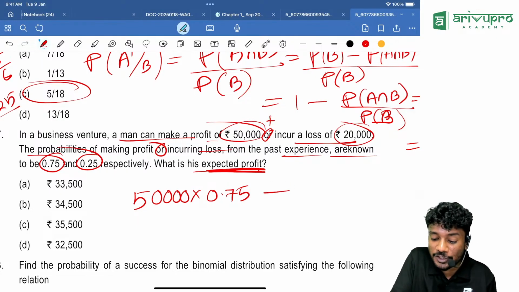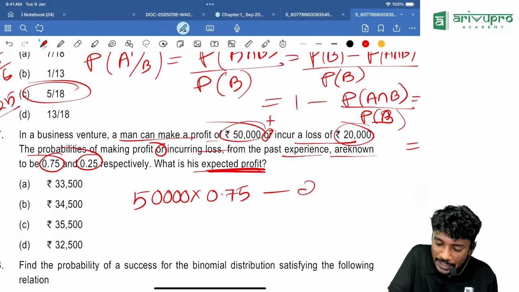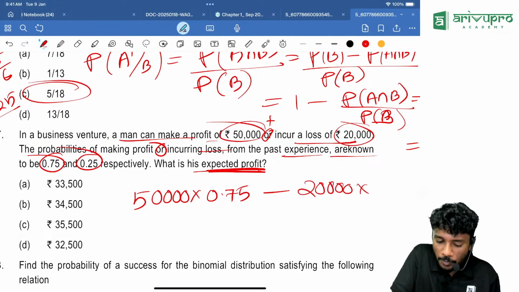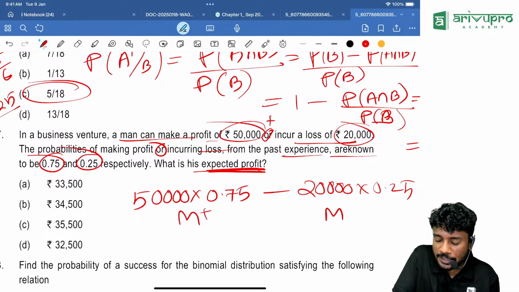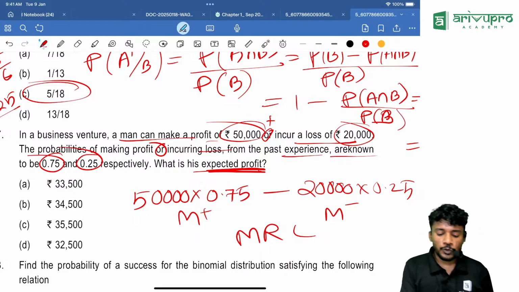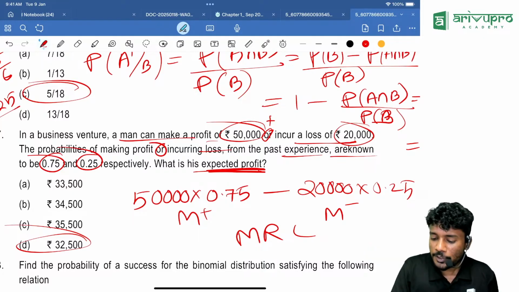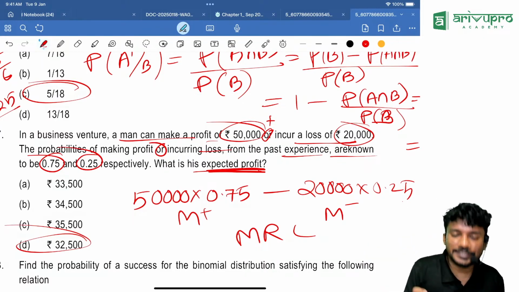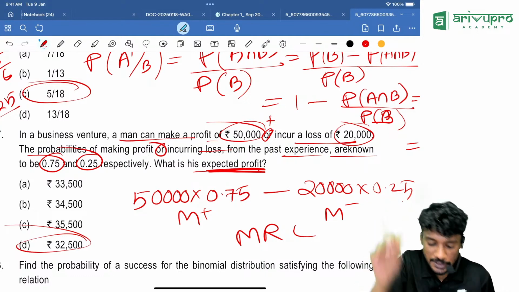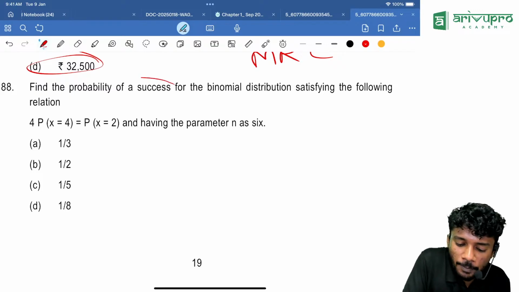Why minus? We need to know. How will you do it? This M plus, this M minus, click MRC. How much did you get? 32,500. 50,000 into 0.75 M plus, 20,000 into 0.25 M minus, then click MRC. You are getting it as 32,500. Yes, people.